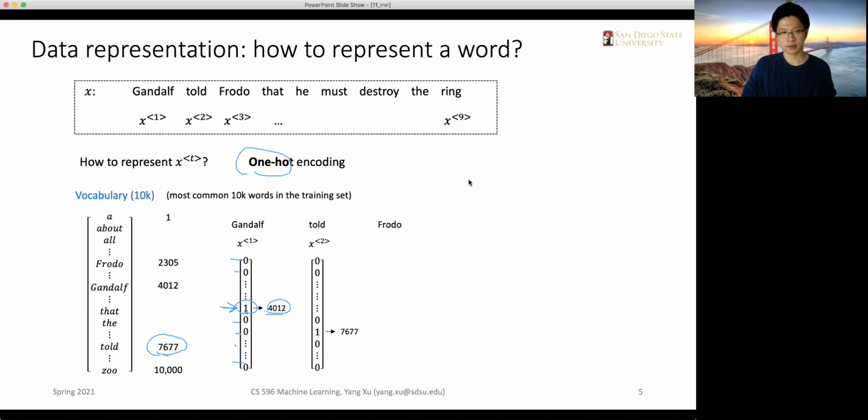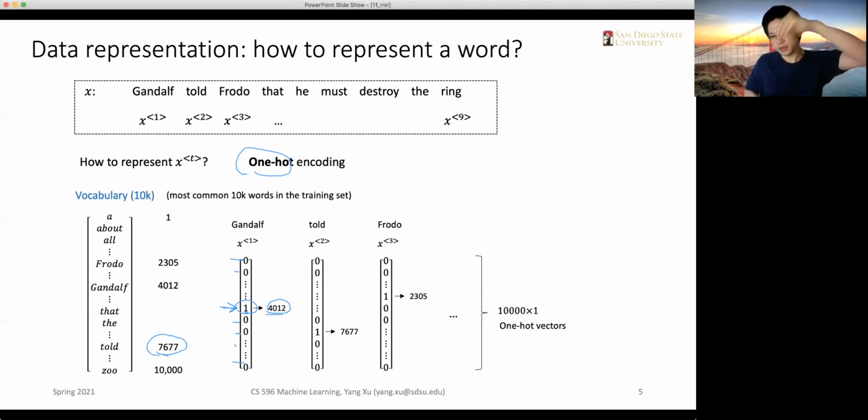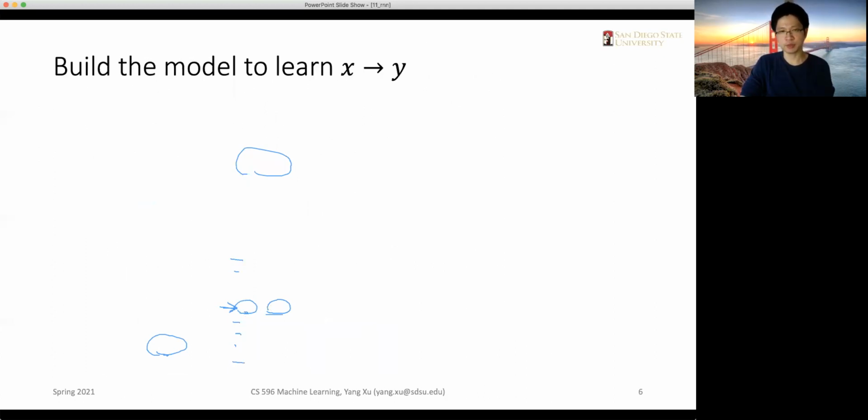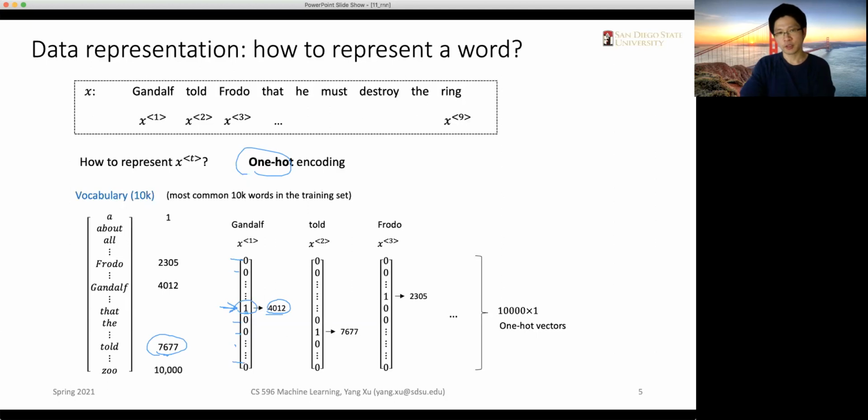We do that for all the words, Frodo and so on. All these very long, narrow vectors, we call them one-hot vectors. These will be the inputs for the RNN model that we're going to build.